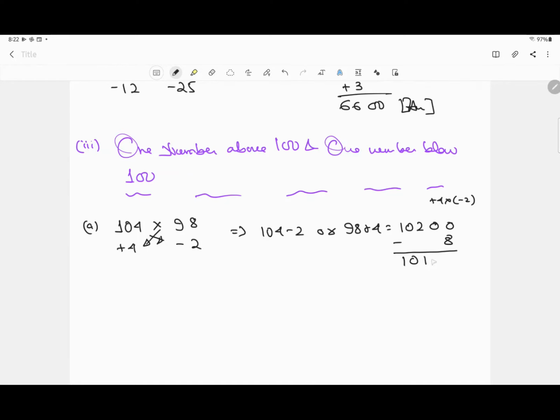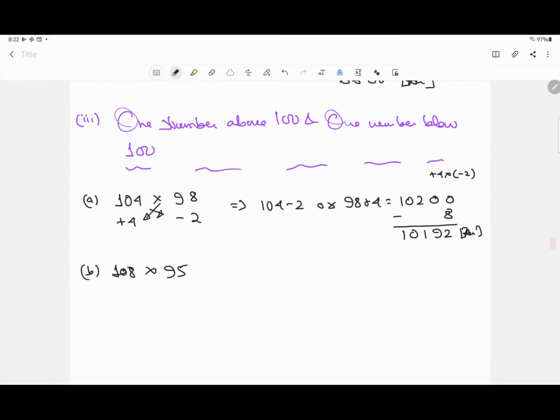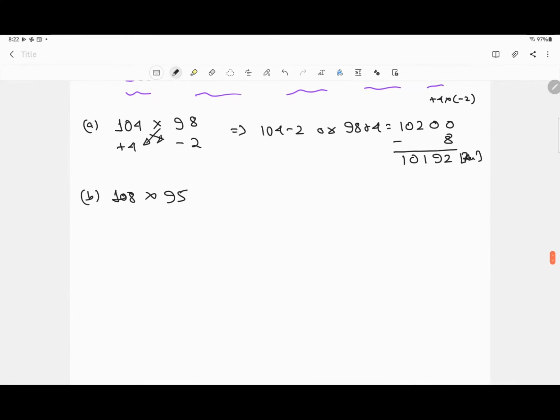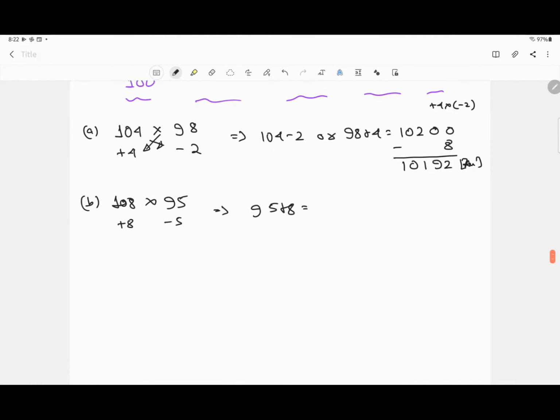So another example, it is 108 into 95. So it is plus 8 and minus 5. So here we can do 108 minus 5 or 95 plus 8, which will give us 103. Now we will put 00 and the product of 8 and 5 is 40.